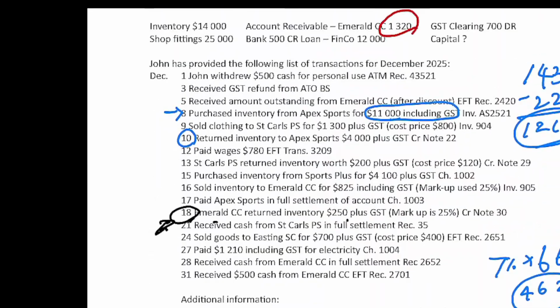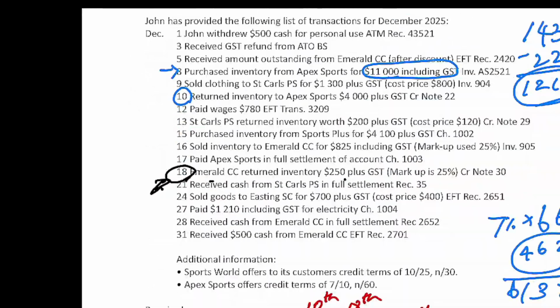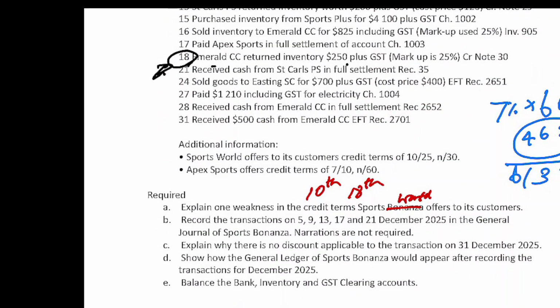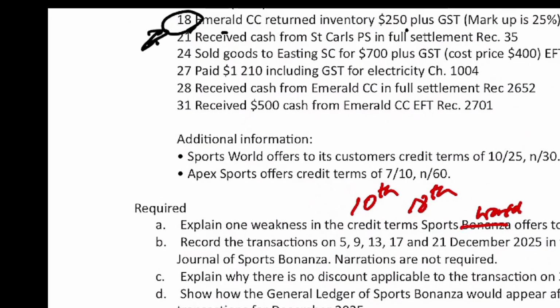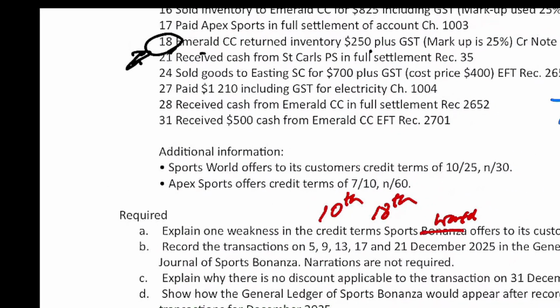What is the double entry for 1210? After that, what do we do? Discount expense. How much is the discount? 10%.